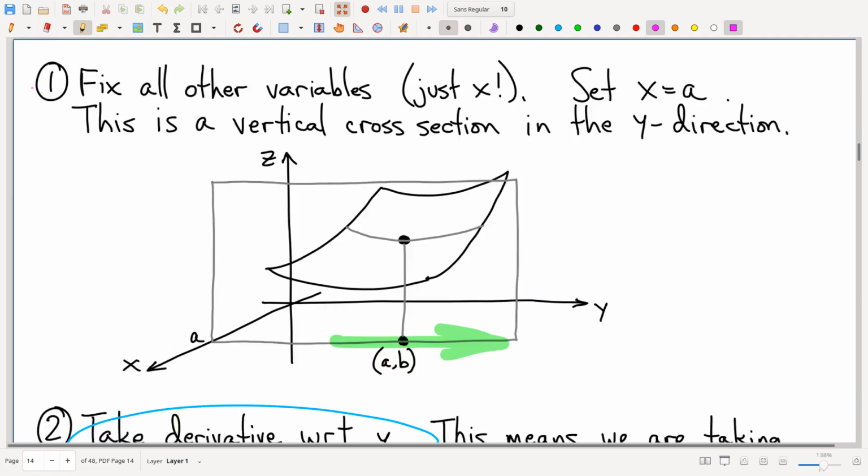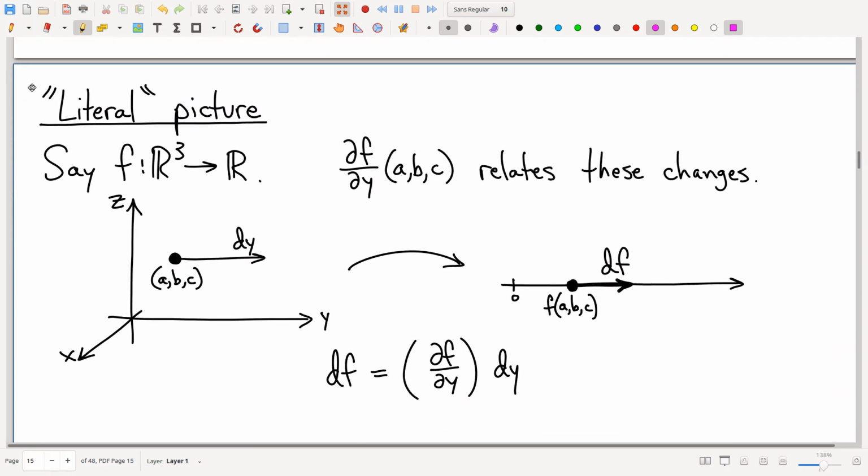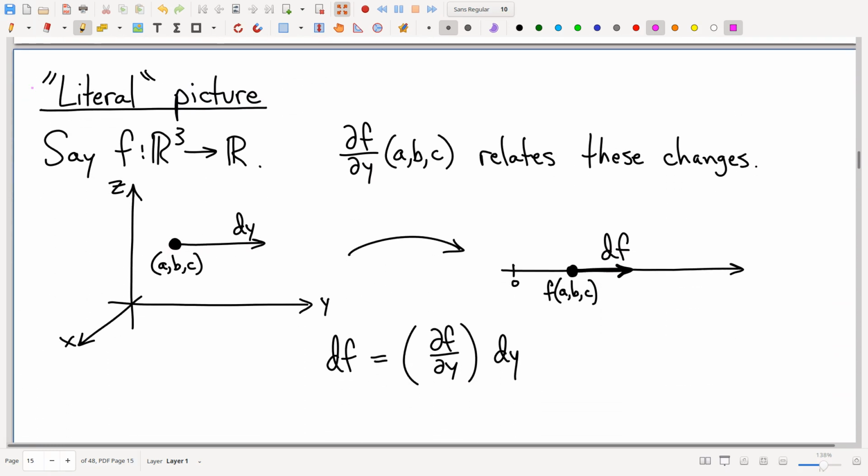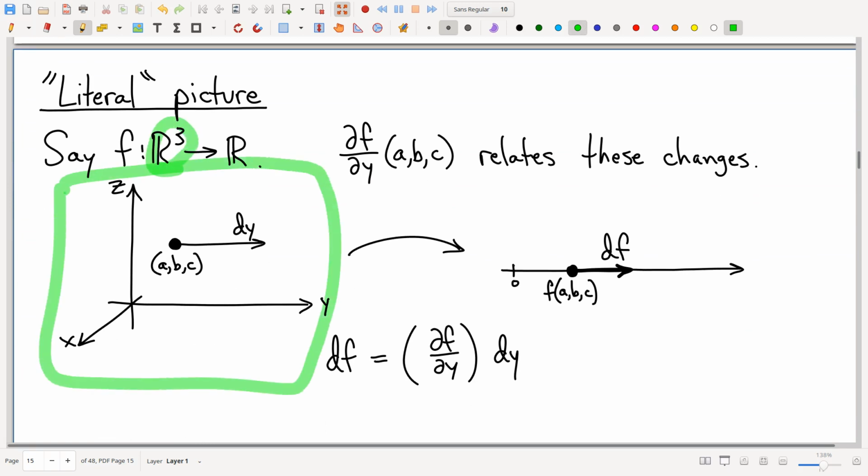So what do we do, for example, if we're looking at what I like to call the literal picture? So here's an example. We've got a function where the domain is R3, which I've literally drawn a picture of, and our target, let's say, is R1, which I have literally drawn a picture of. Right?